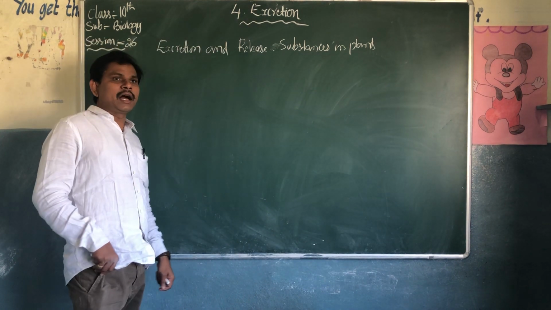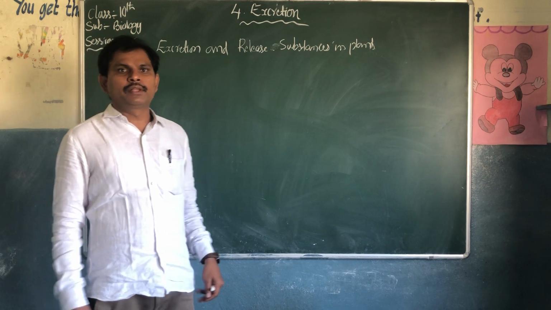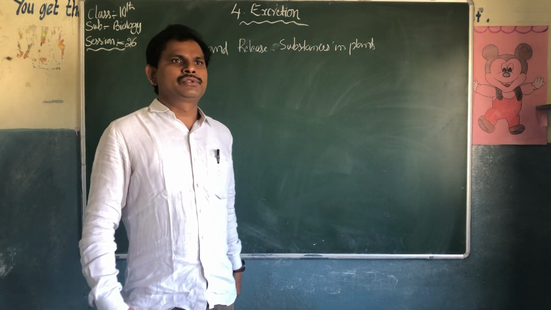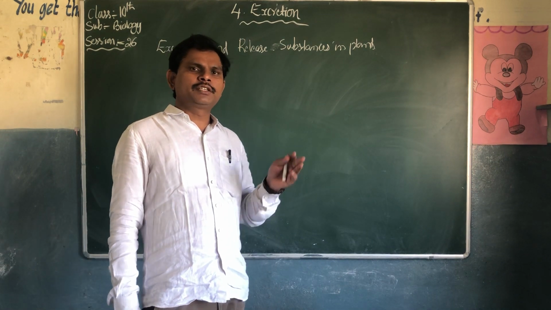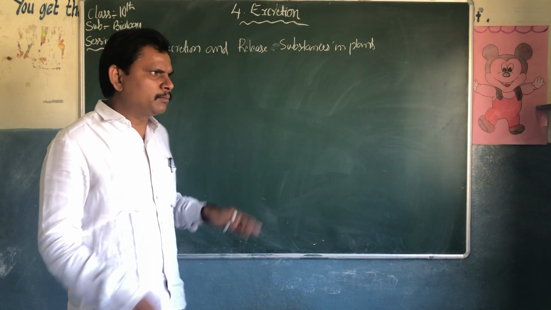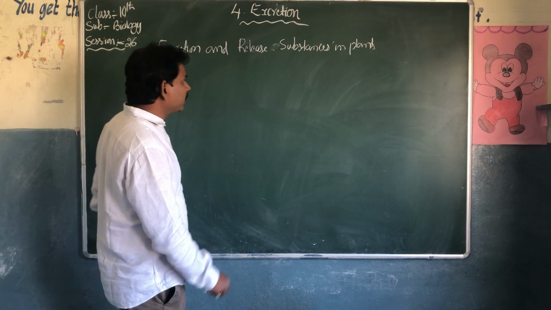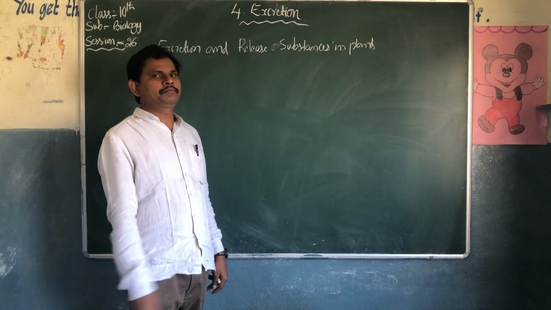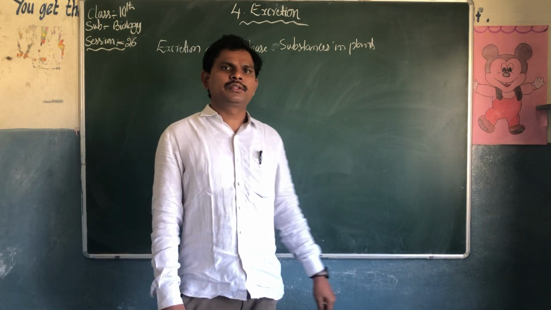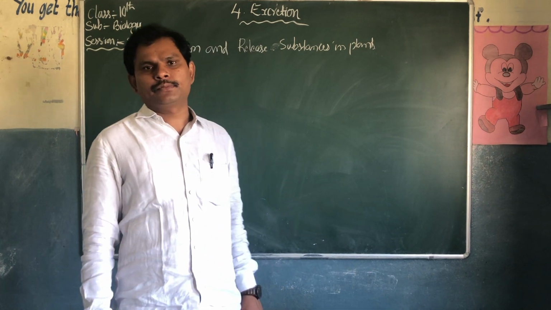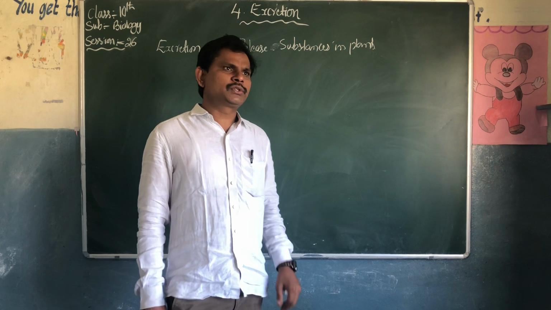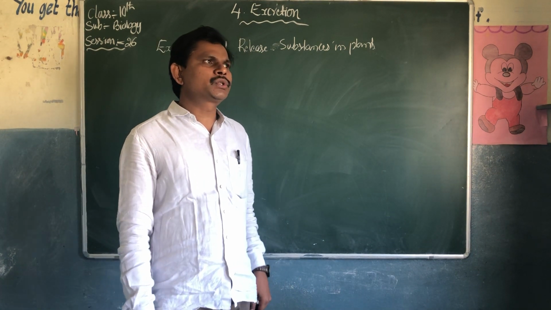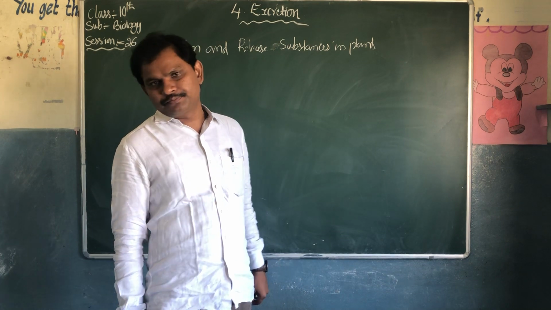When waste materials are released in plants, the waste material is stored in their body. Some waste material is stored in the stem, some in the roots, some in the fruits, some in the leaves also.